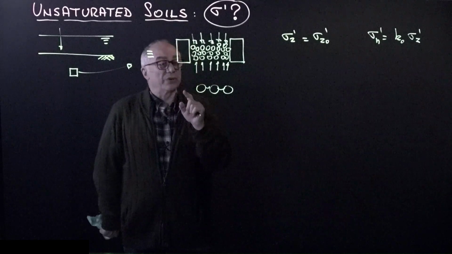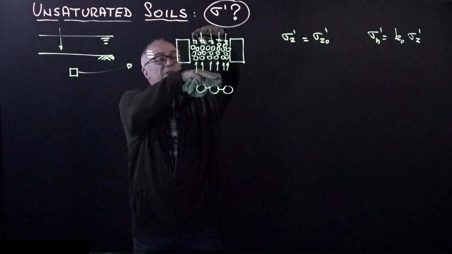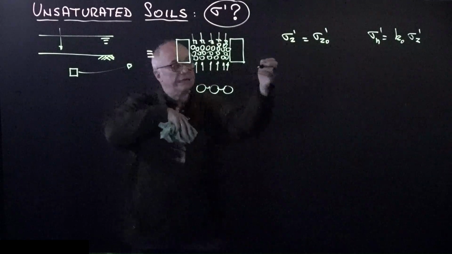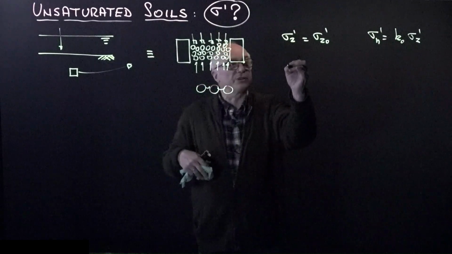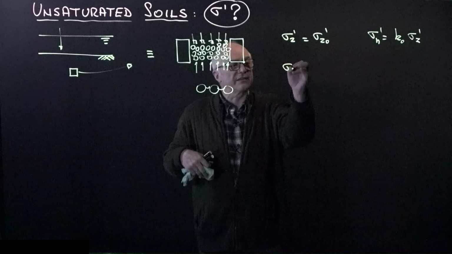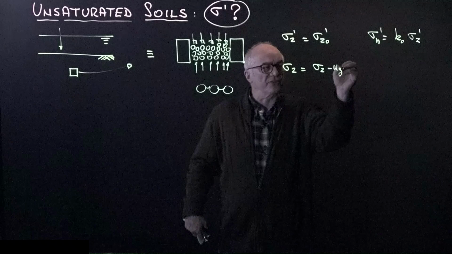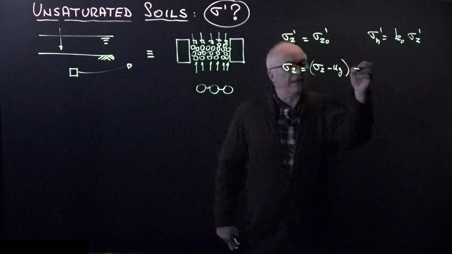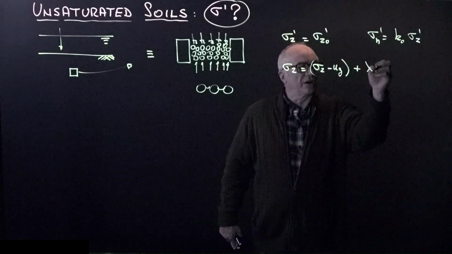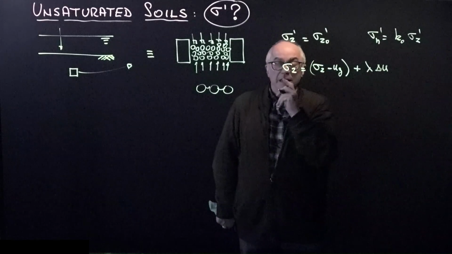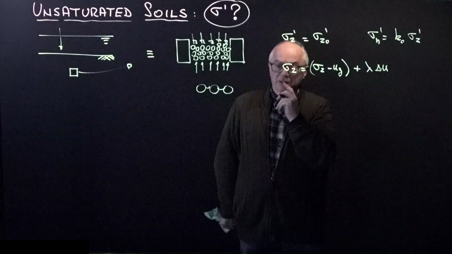Well, at this point, we have further compression from the top, and indeed, if we take something according to Bishop, we could say that the sigma z is equal to sigma z minus u gas, or u air, plus a lambda of delta u.